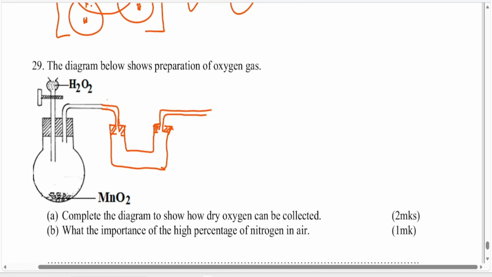Then I cork. Then of course I'm going to pack with anhydrous calcium chloride. So this is anhydrous calcium chloride. Then after packing the U-tube with anhydrous calcium chloride, I can then collect my gas by use of a syringe. So in my case, I'm going to have a syringe that looks like this.